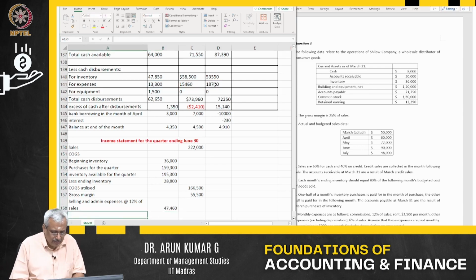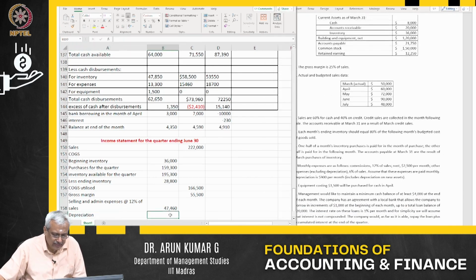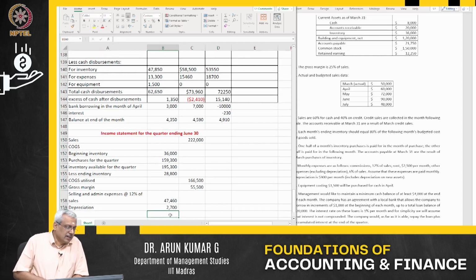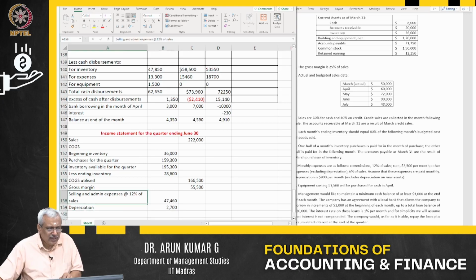Then I have depreciation. It says 900. I'll just check out. It says 900 per month depreciation. So 900 into 3. Depreciation also done. Selling admin expenditure at 12% of sales plus rent.